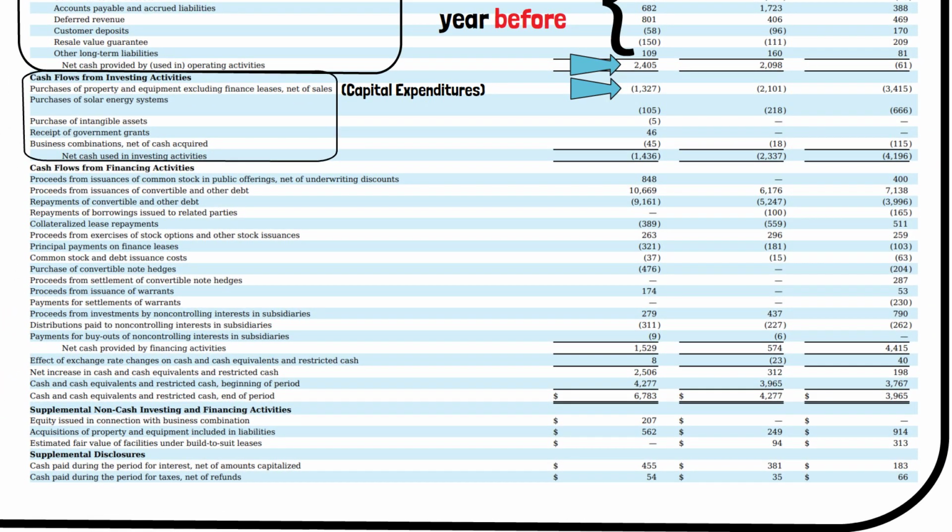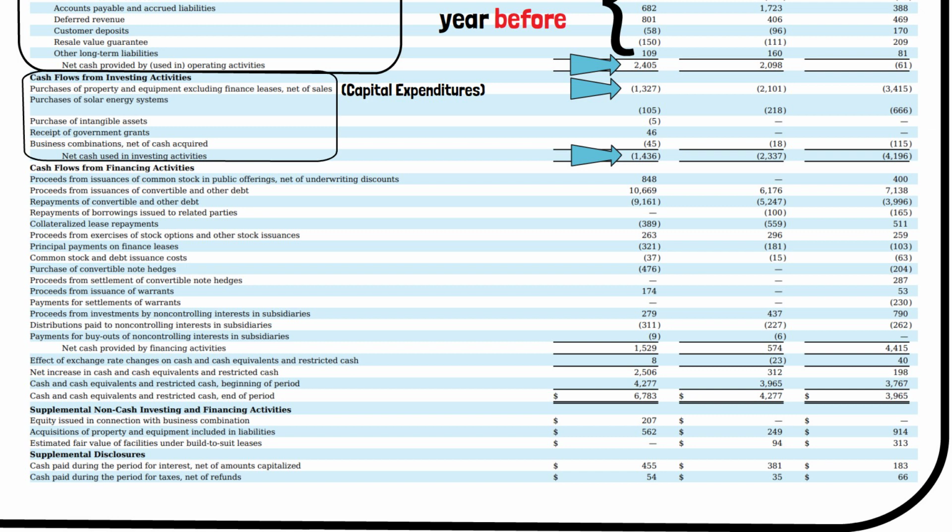The total amount of cash Tesla used for investing activities in 2019 was $1.4 billion. This number is negative, so this means Tesla spent $1.4 billion on investing activities.